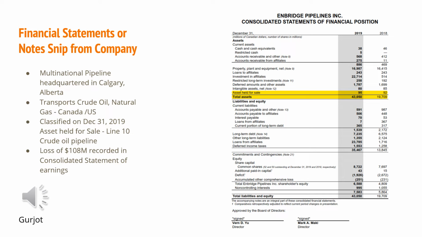The highlighted asset held for sale is a separate identifiable asset classified on December 31st, 2018 and 2019: a Line 10 pipeline, which the company classified as held for sale.